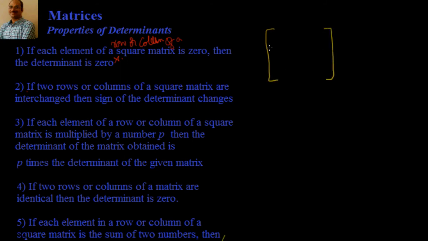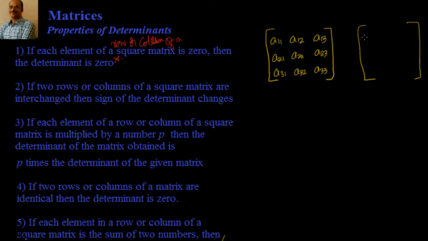Let us say that there is a matrix where you have the same example, A11, A12, A13, then you have A21, A22, A23, also you have A31, A32, A33. Now let's pick a row or a column and multiply it with a number p.